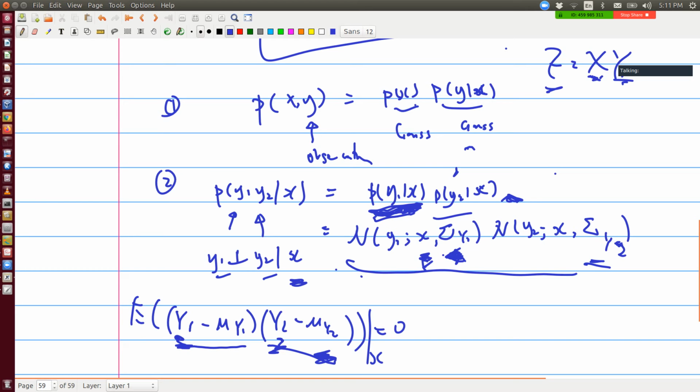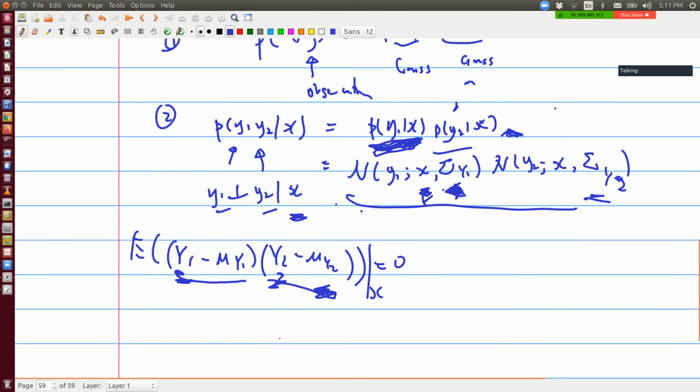If you ignore that, this is just saying that y1 and y2 are uncorrelated. In general this is the definition of uncorrelated, but for Gaussians it implies independence, so y1 and y2 are independent.